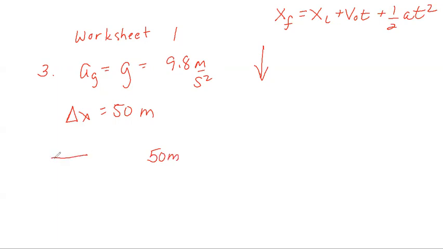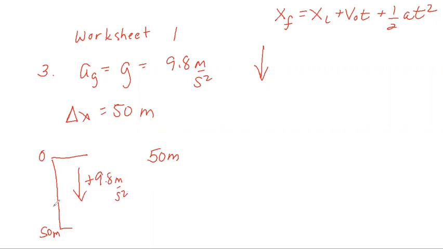We're going to make our coordinate system like this. We're going to call this 0 and this 50 meters. And we're going to use this downward direction as a positive direction. That's not conventional. We would usually use that as a negative direction. But I'll use it as positive, 9.8 meters per second squared.